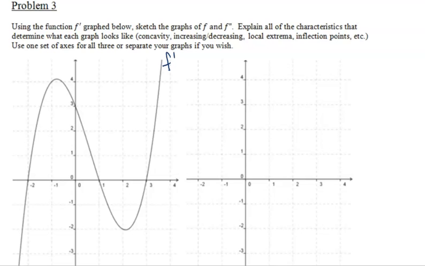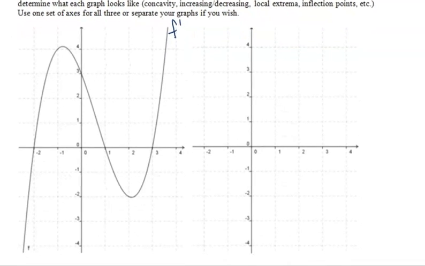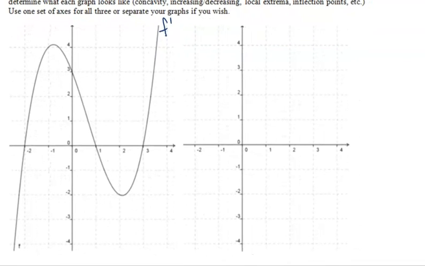Okay, so if this is f, I want to look at f double prime, and f double prime is going to represent the derivative of this graph. What I know about this graph is that it is increasing up until about negative 0.8 or something like that, and then it is decreasing until a little bit past 2, and then it is increasing again.